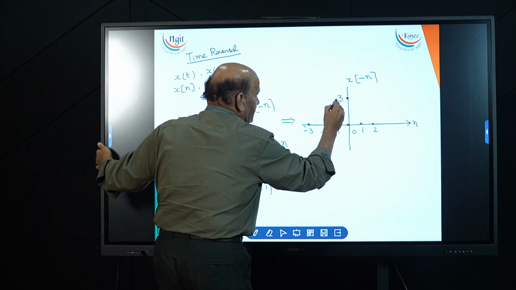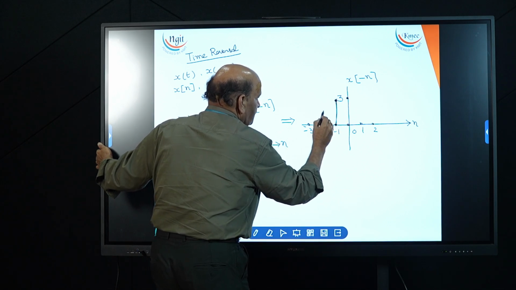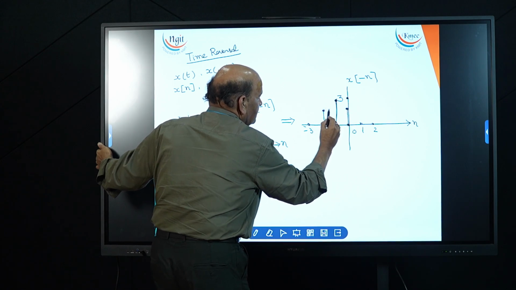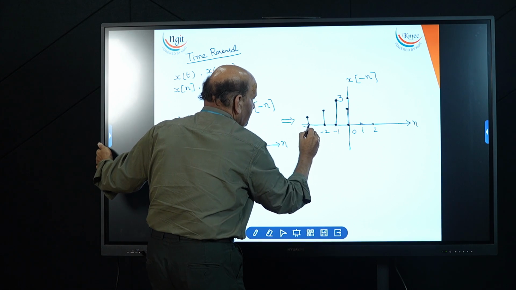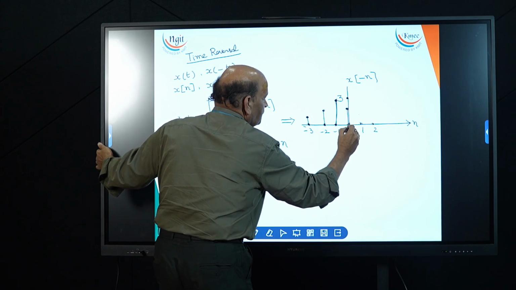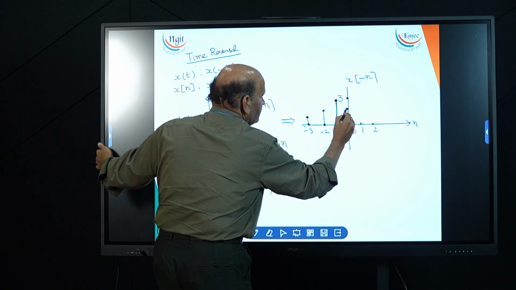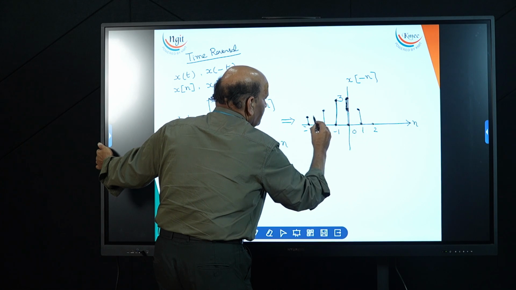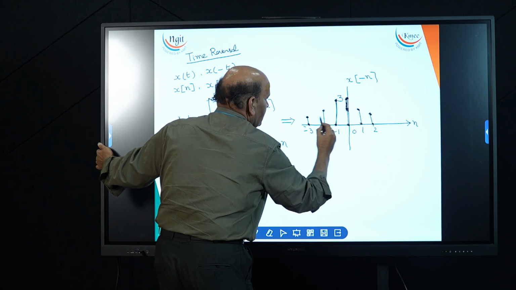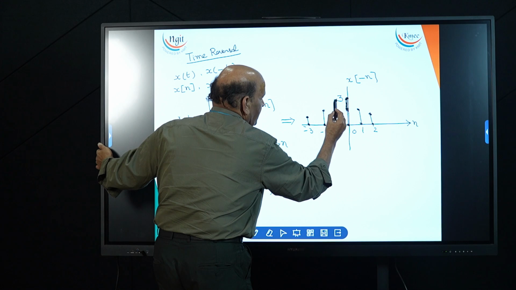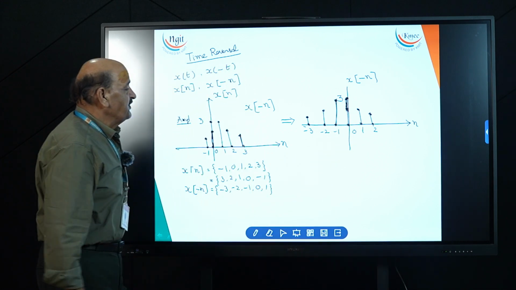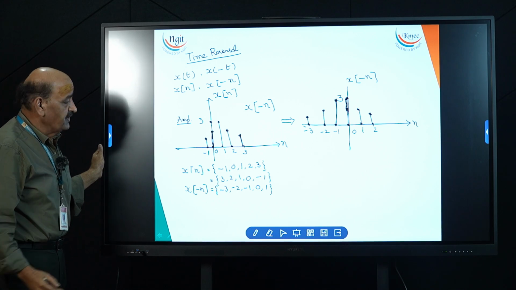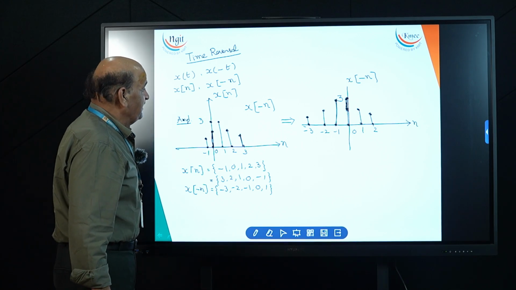This reaches the amplitude level. These two are the same height, these two are the same height, these two are the same height. So this is the sketch of time reversal of the given discrete time signal.